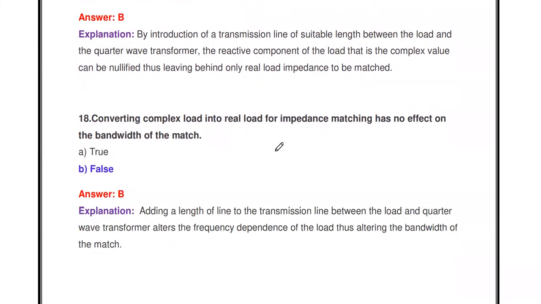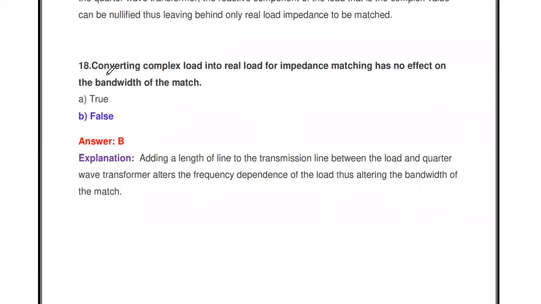Then the next thing, converting the complex load into real load for impedance matching has no effect on the bandwidth of the match. True or false? This is false.